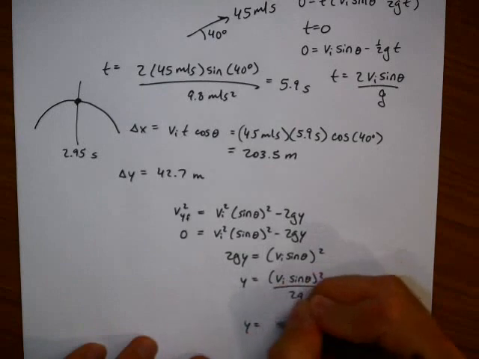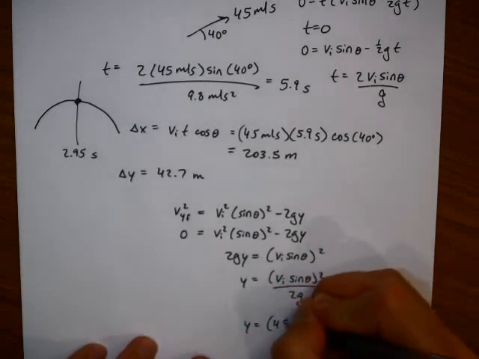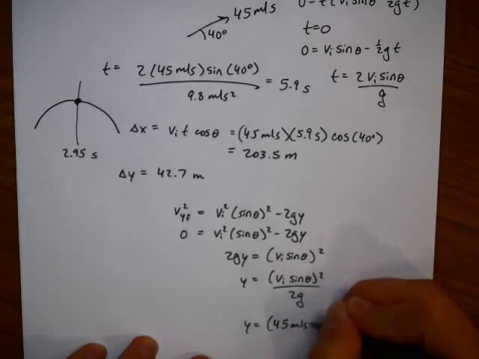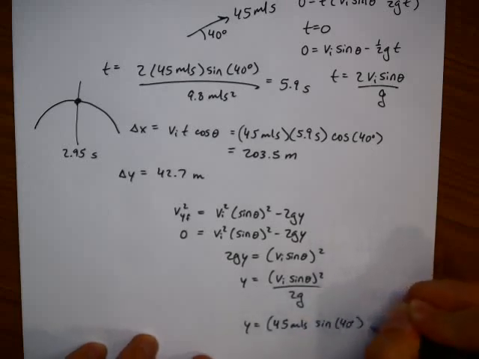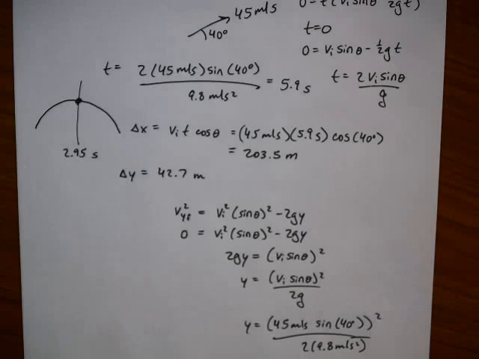That is y equals, what was it, 45 meters per second times sine of 40 degrees, all of that squared, over 2 times 9.8 meters per second squared. And you should check in your calculator. We get the same answer that we got before, 42.7.